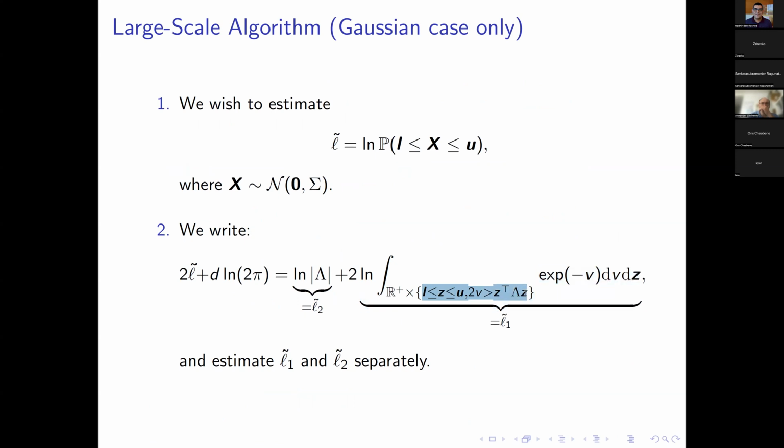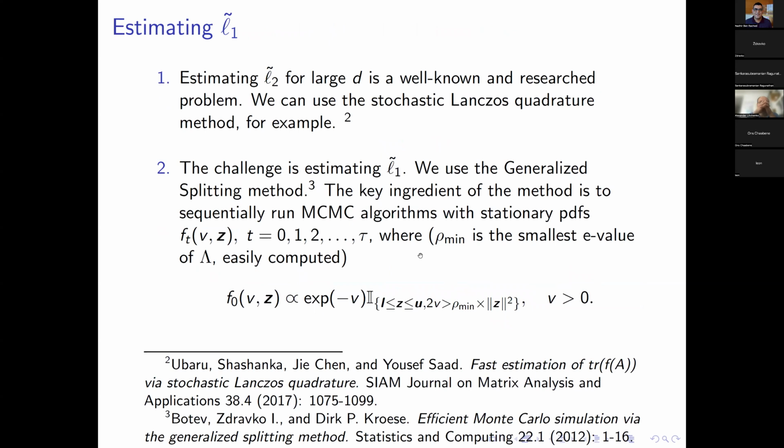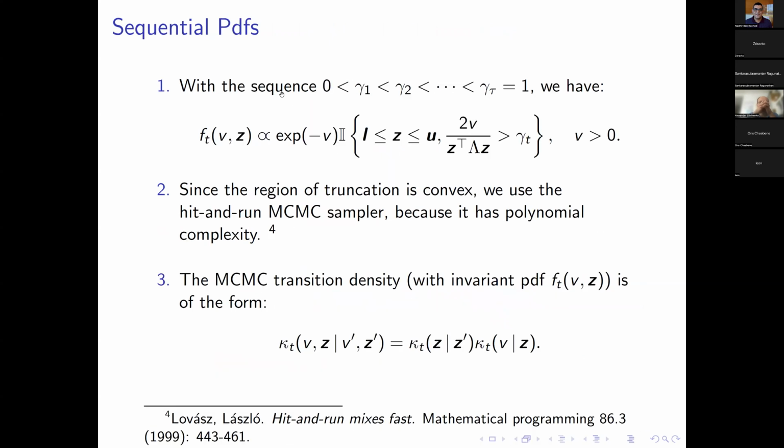It is the intersection of linear inequalities with a convex set, so it is also a convex set. So we need to sample uniformly on a convex set, and for this we're going to use some kind of Markov chain Monte Carlo, and I use hit and run sampling. So within splitting, I have to sample from densities which look like this. I need to be able to sample uniformly on this region.